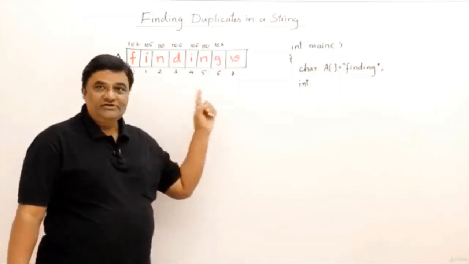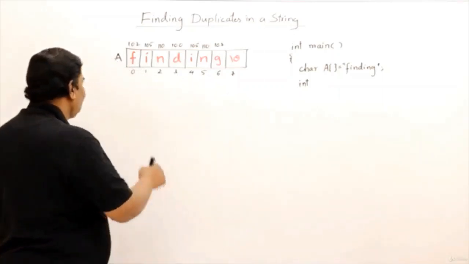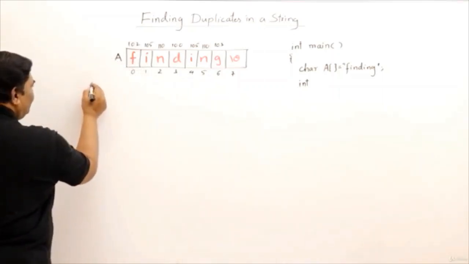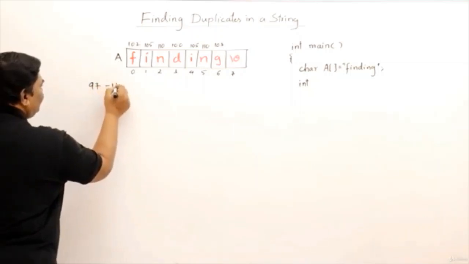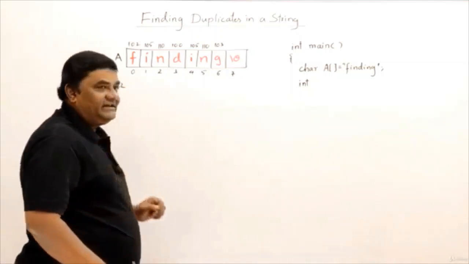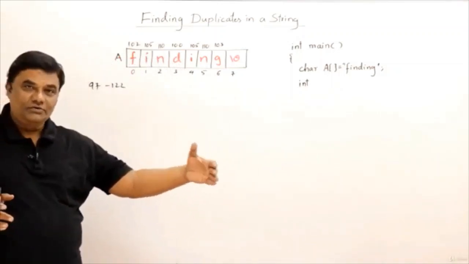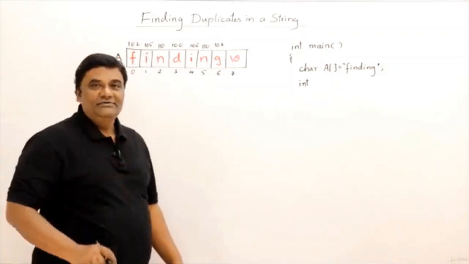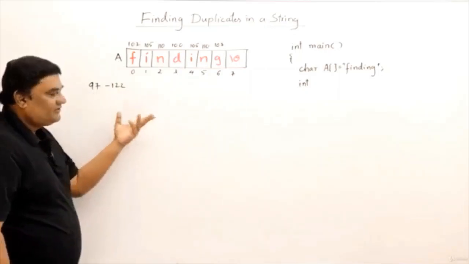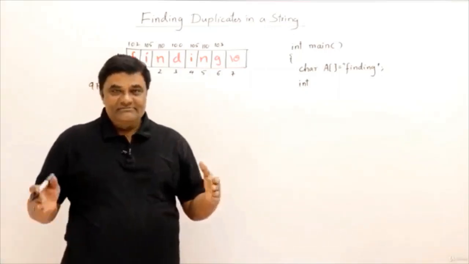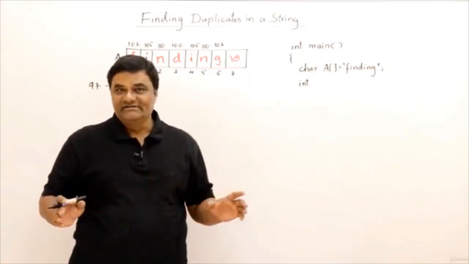If you know the range of lowercase, the lowercase range starts from 97 to 122. So it means I need an array up to the maximum length of 122, and I will start using that array from 97 onwards. Meaning all the elements from 0 to 96 are useless.